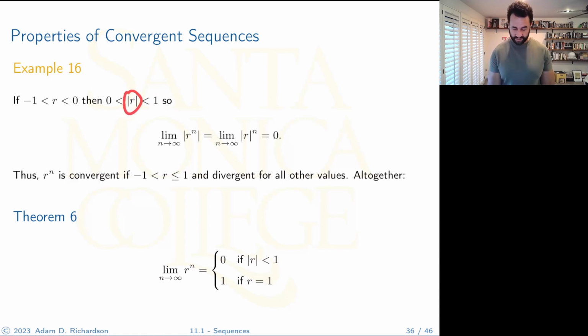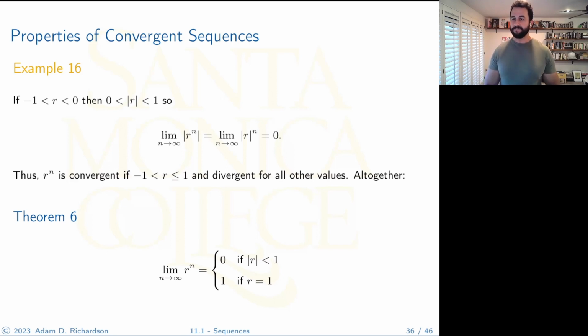So let's look at this limit. The limit of the absolute value of r to the n is the limit of the absolute value of r to the n. But again, the absolute value of r is less than 1, and we know that if that's the case, the sequence converges. So we get 0.